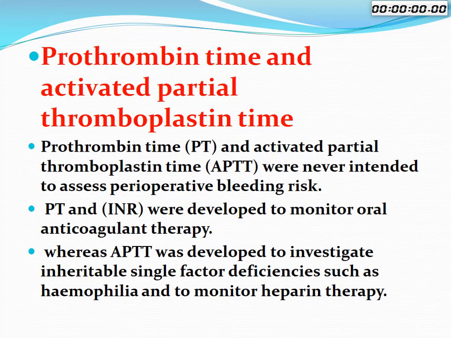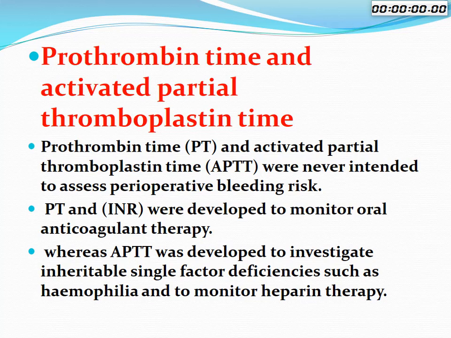PT and aPTT were never intended to assess preoperative bleeding risk. Usually, preoperatively, our surgeon depends on bleeding time, PT, INR, and aPTT in evaluating the bleeding risk. But they are not actually used for this. PT and INR were developed to monitor oral anticoagulant therapy, not to assess the bleeding risk.